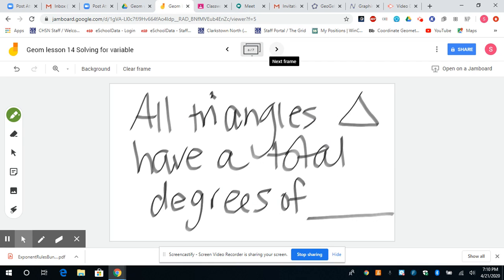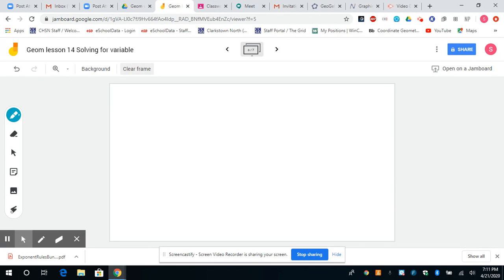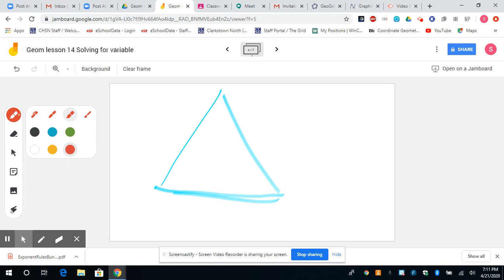All triangles have a total degrees of, everyone should get this right, it's 180 degrees. So if I give you these 2 angles, you should know how to find the missing one. So if I give you a triangle, and I tell you this is 60, and this is 2x plus 5, what's this going to be?